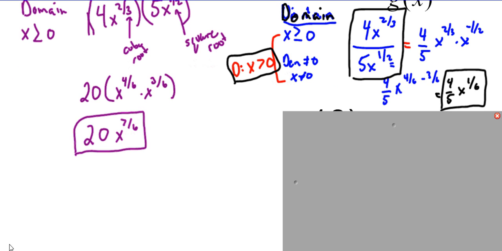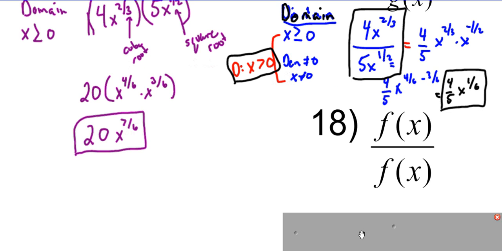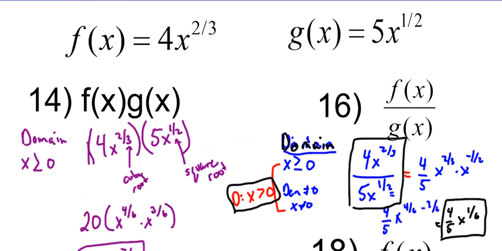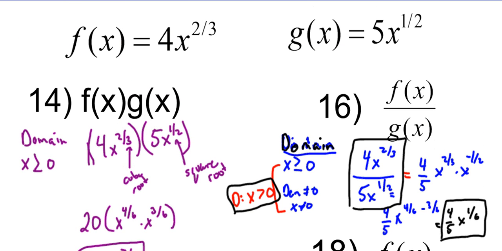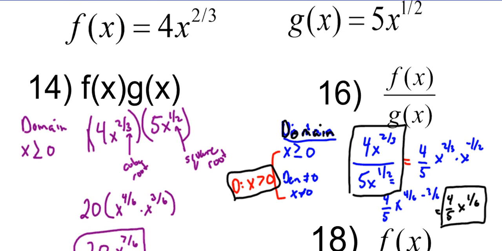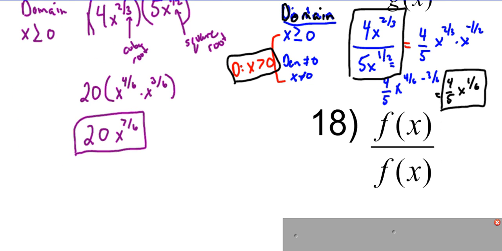All right, let's go one more. We're going to take f of x divided by f of x. So we look at this, and I'll write this out. That seems pretty easy.